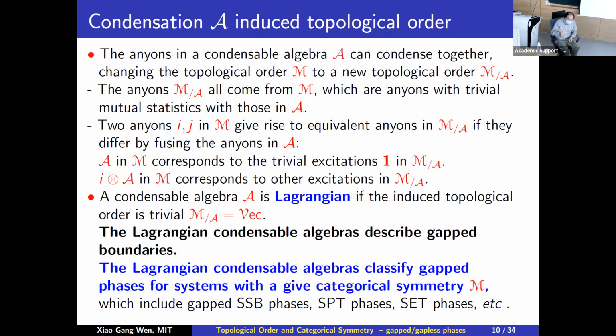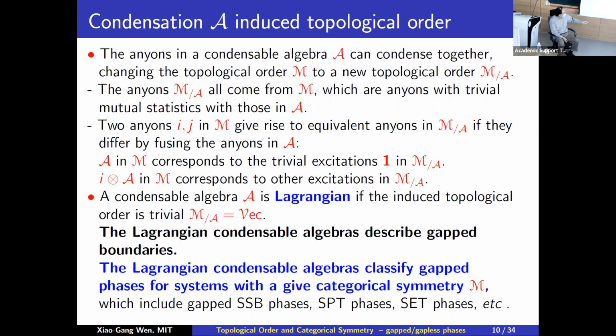Here the point is that all those gapped phases can be obtained by the condensation to the boundary, but only condensation of this Lagrangian condensation, the maximum condensation. Then suddenly we have something quite amazing. That is, the Lagrangian condensed algebra classifies gapped phases together, symmetry breaking, SPT, SET, in the same formalism.